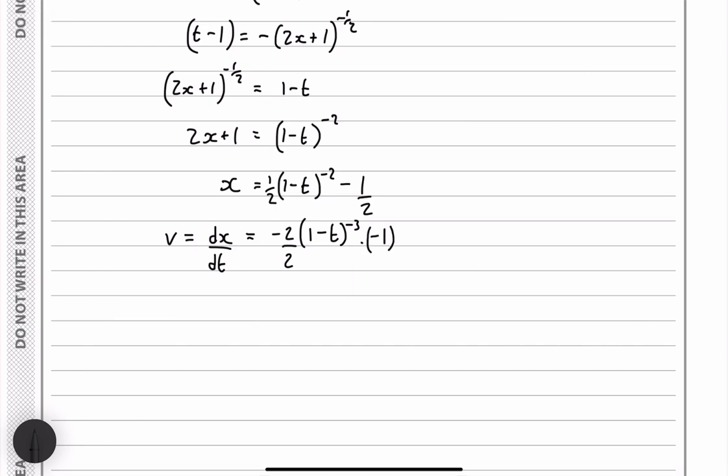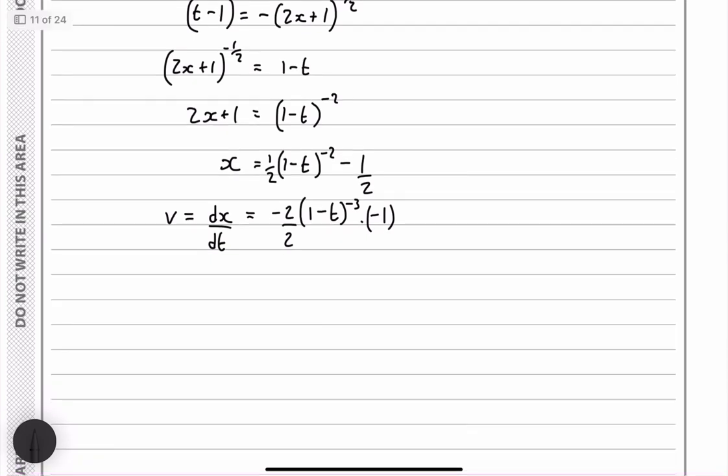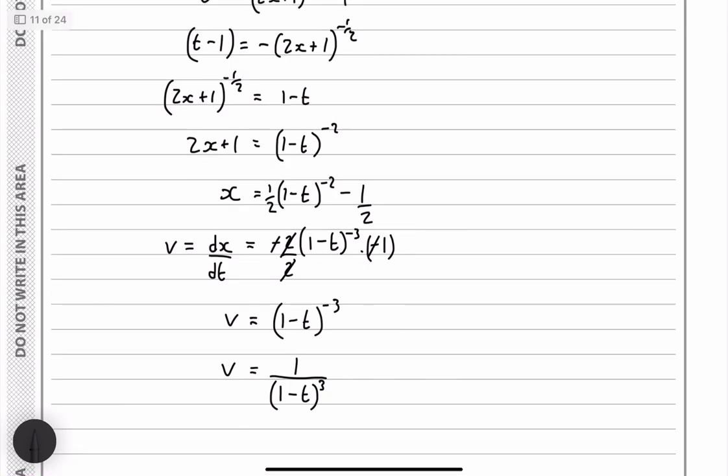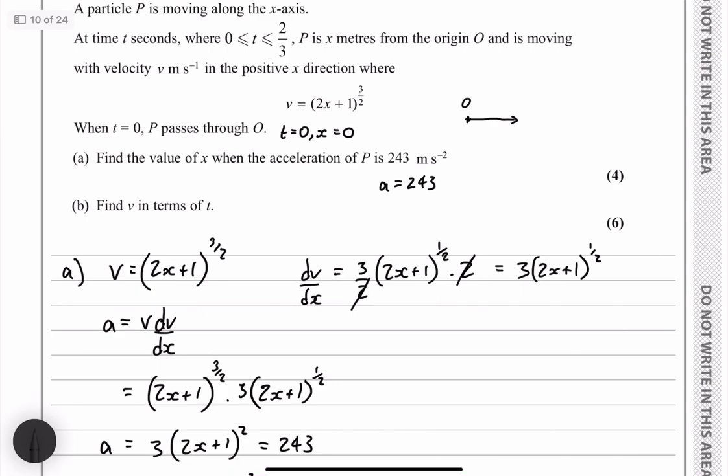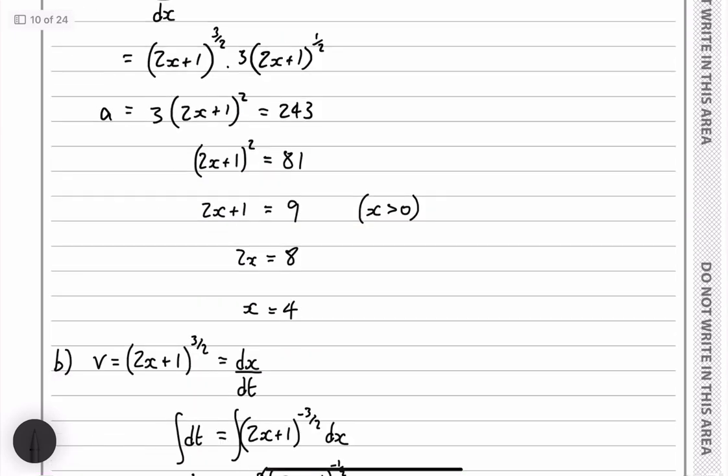We need to multiply by the derivative of the expression in the bracket. So if that cancels and that cancels, we end up with 1 minus t to the minus 3, or perhaps in a slightly nicer form, 1 minus t cubed. And that is v in terms of t. There's a lot of work to do that, given that we already had v in terms of x, but that is the end of question 4.